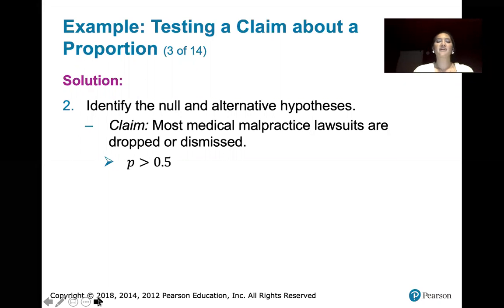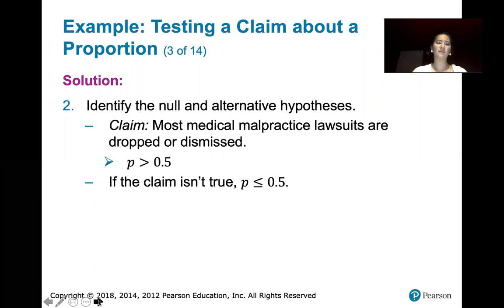Now, after we write the claim in symbolic form, we always want to write the statement that would be true if the claim isn't true. So if p is not strictly greater than 0.5, then p would have to be less than or equal to 0.5. So now when we're identifying the null and alternative hypotheses, we look at these two, and we look for the one that does not contain the condition of equality.